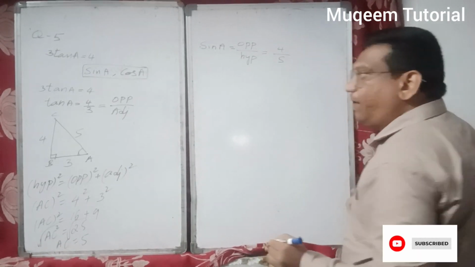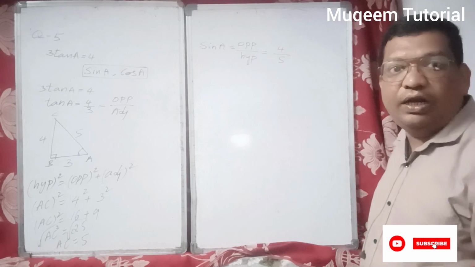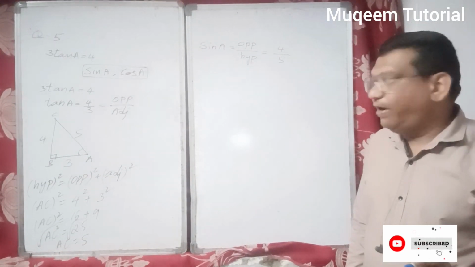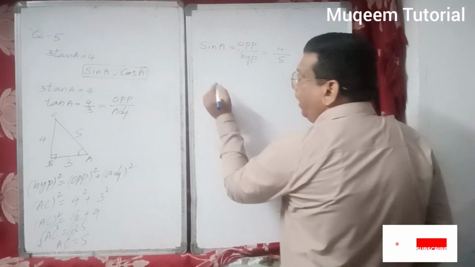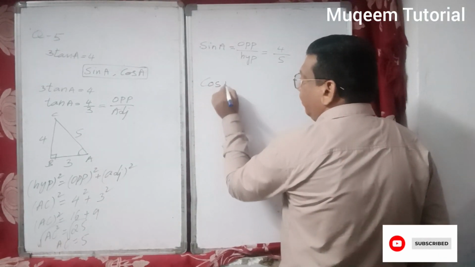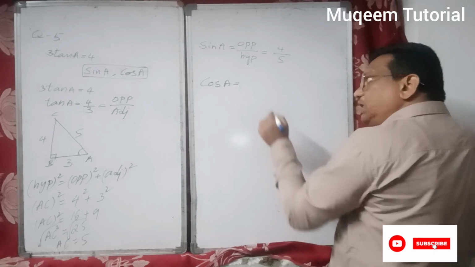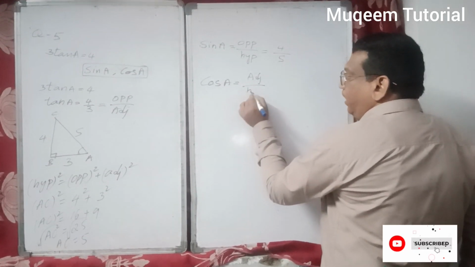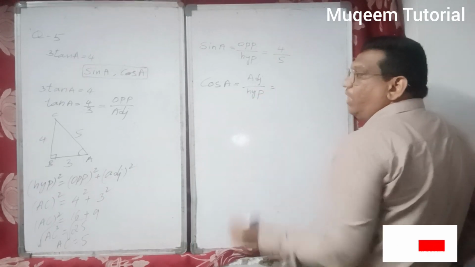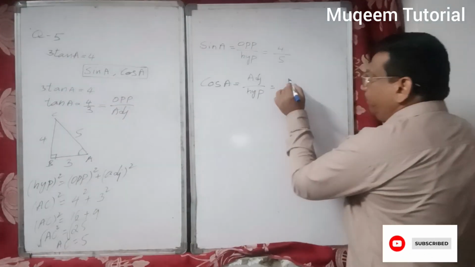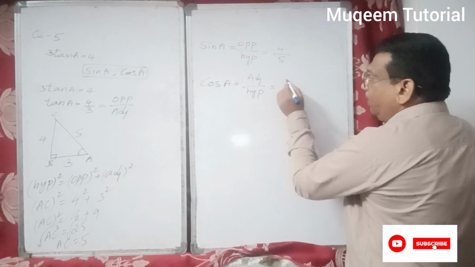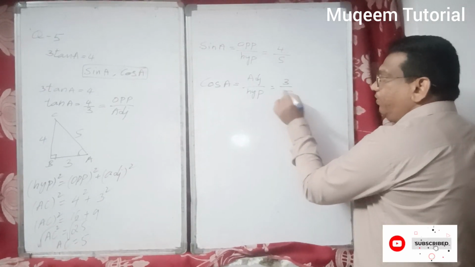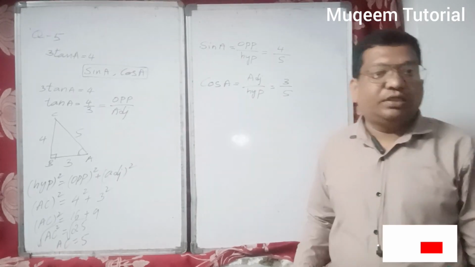So sin A is equal to 4 by 5. Now we have to find cos A. Cos A is equal to adjacent by hypotenuse. Adjacent of angle A is 3 and hypotenuse is 5. So 3 by 5 is the answer.